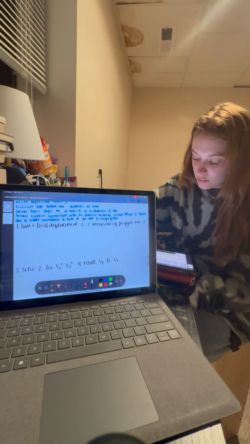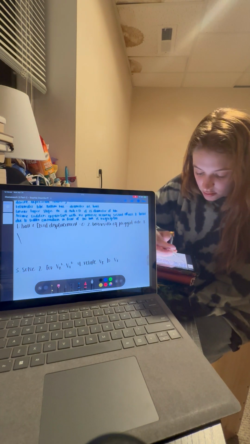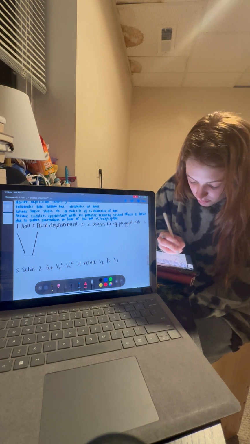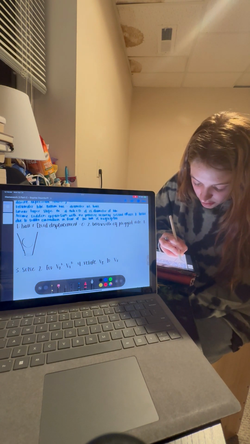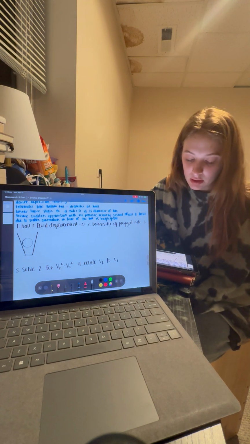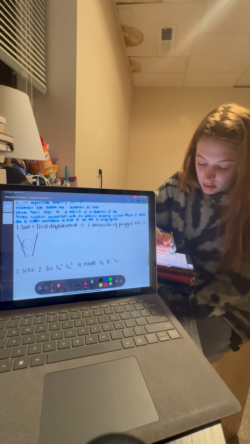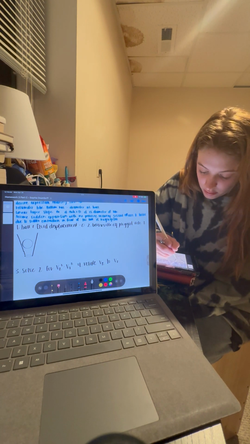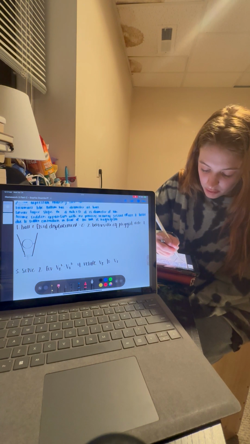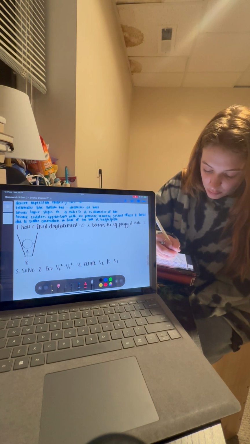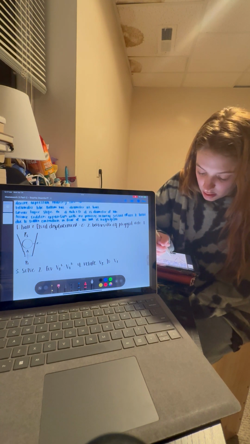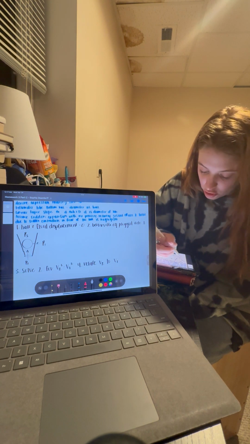So the diagram for this is going to be the rotameter and a sphere. In this instance, there will be a pressure 1, a pressure 3, and a pressure 2.